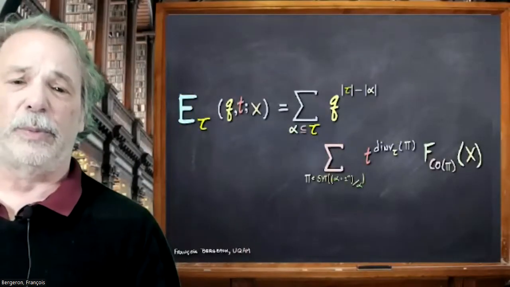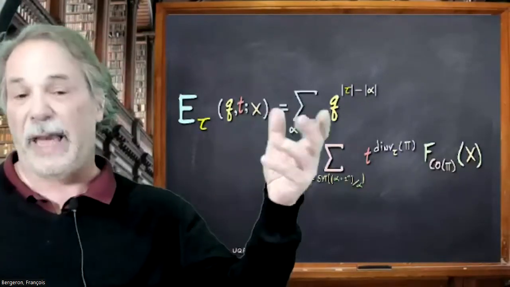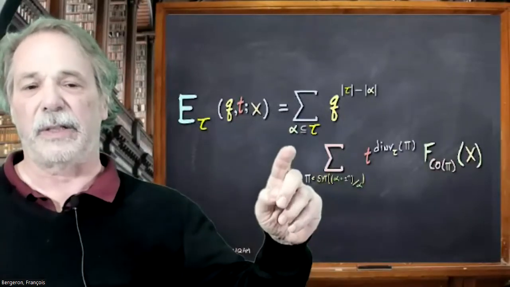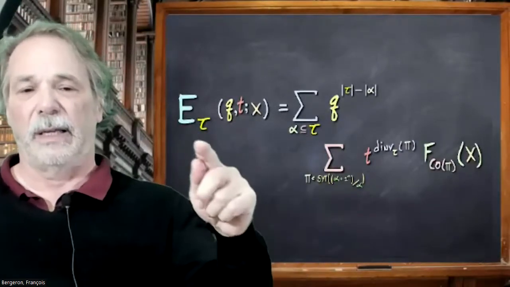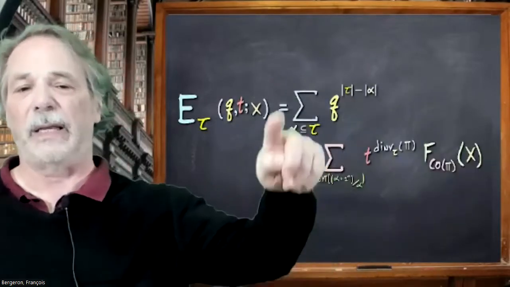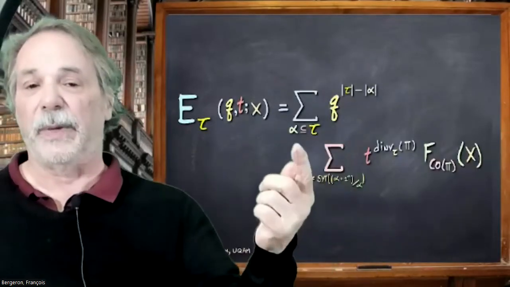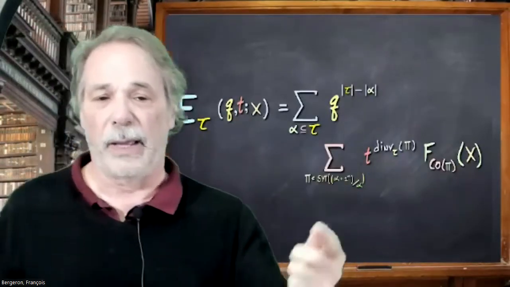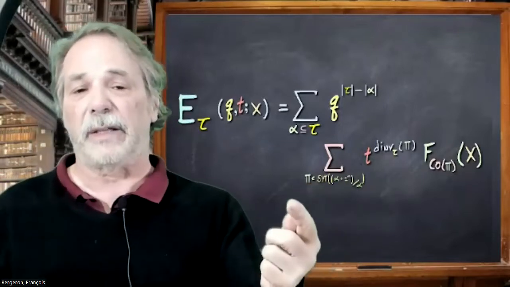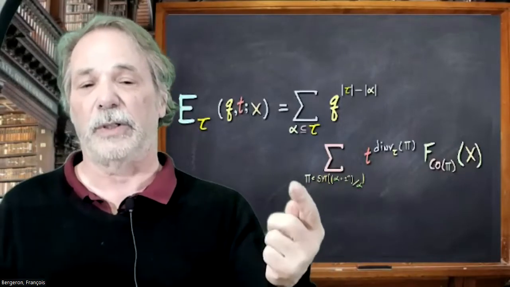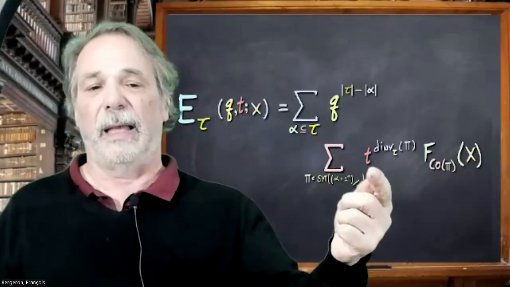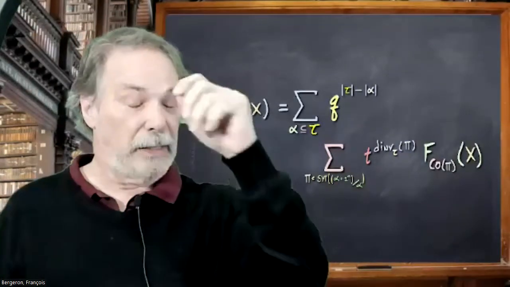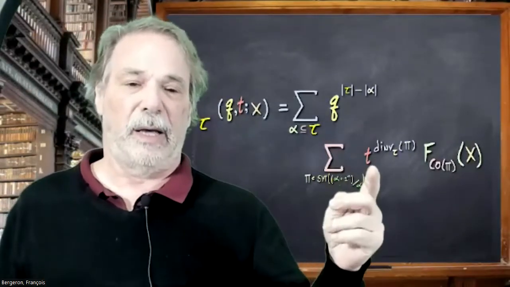Okay, and now what we're going to do is enumerate all these parking functions just the way that Jim did it yesterday. So tau is fixed. Now I'm making a more complicated sum than before. I'm summing over all partitions containing tau, q to the area as before. And now I have a sum over all parking functions of that shape alpha, and there's a t to the dinv, the statistic on parking functions that was explained in some instances by Jim yesterday.